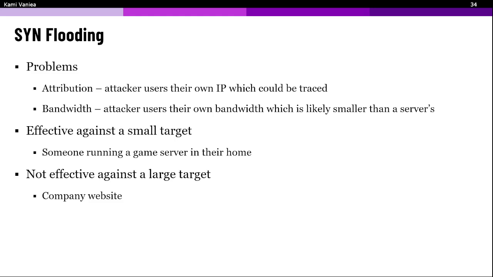So there are some problems with the model I've just shown you. The first one is attribution. When I sent those SYNs, they had my IP address on them. And the last thing you want as an attacker is to have your own IP address helpfully written on all your attack messages. Second, bandwidth. My bandwidth as a home network user, or really anyone that's not a backbone server, is a lot smaller than that server's.